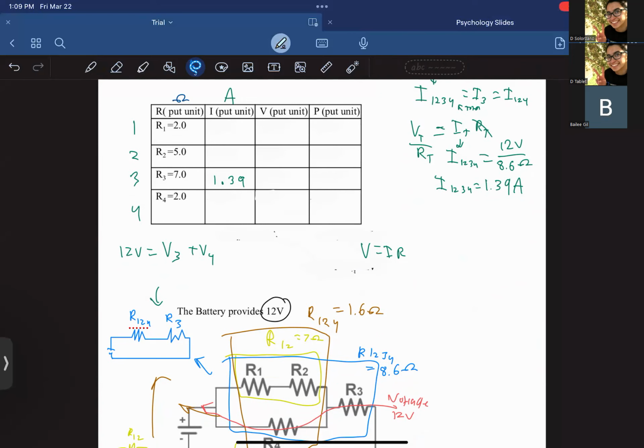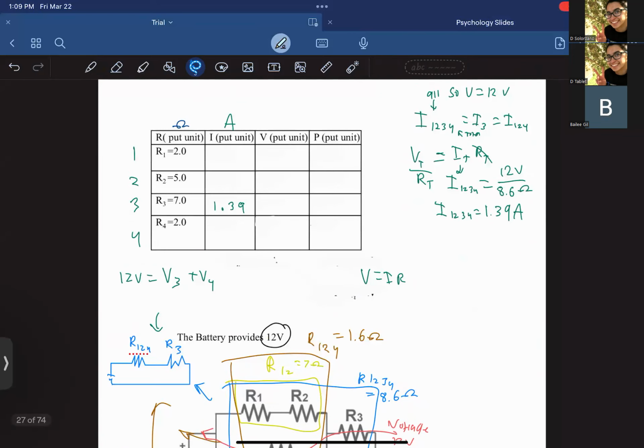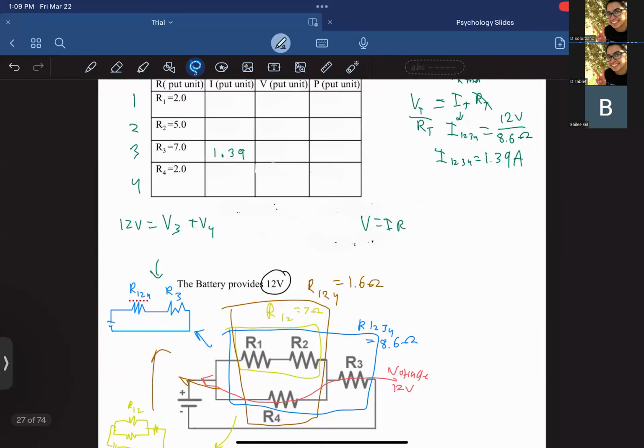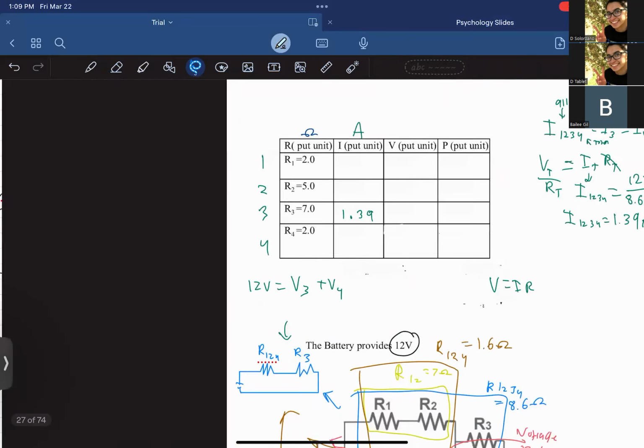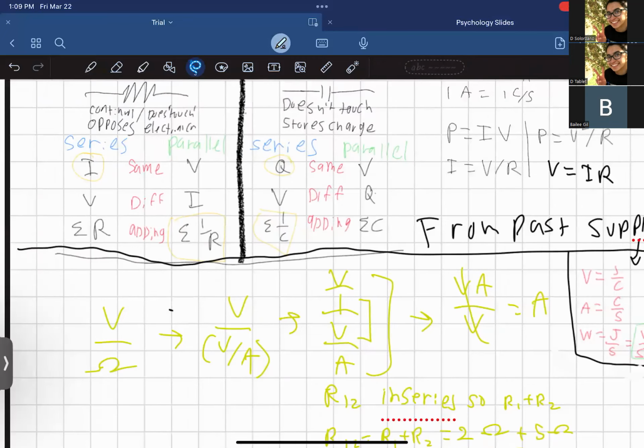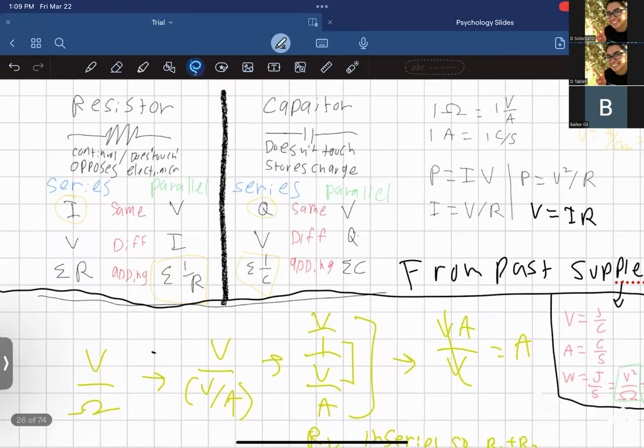And then we can probably solve for the V running through 3 at that point. Because if we look back at the table, resistors in series have different V's.